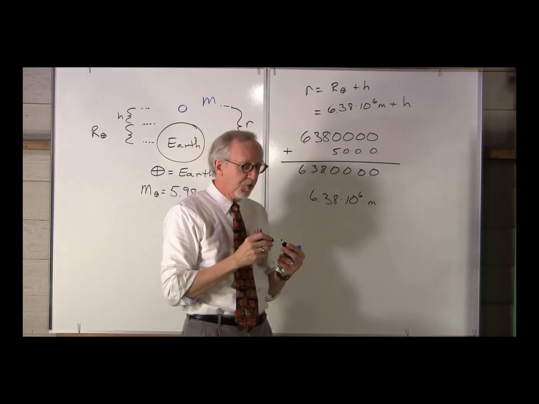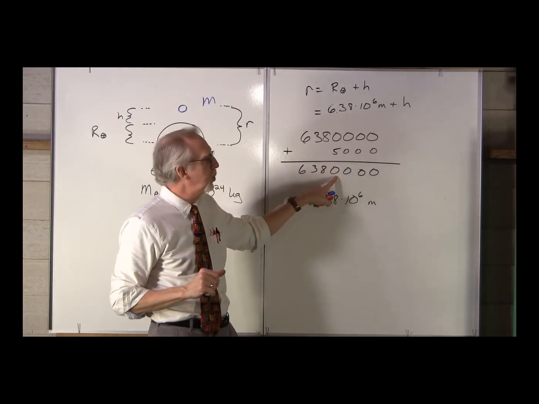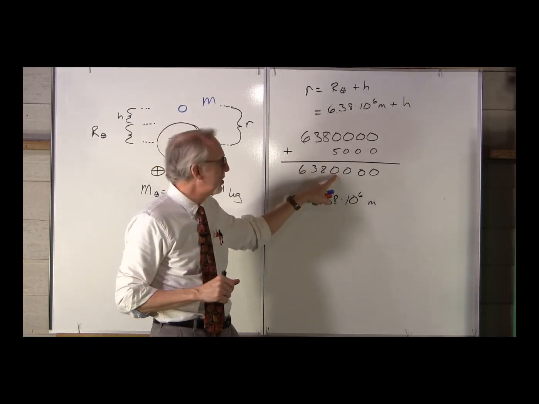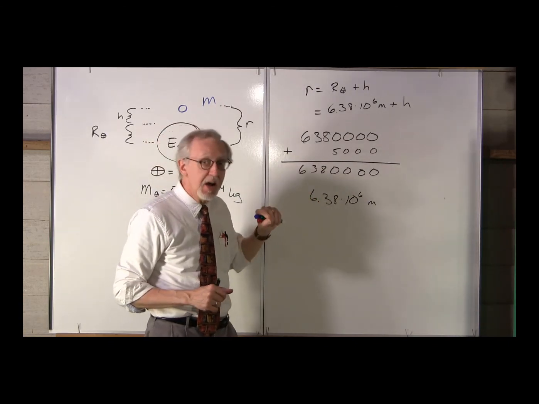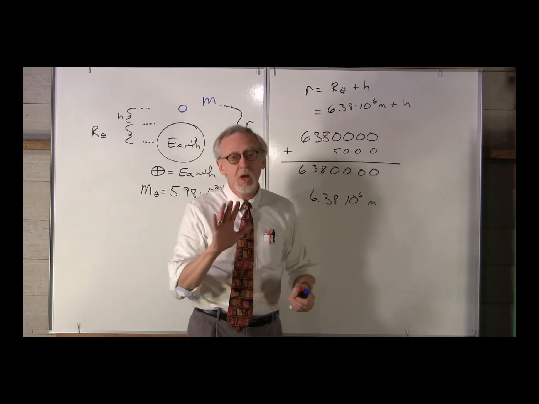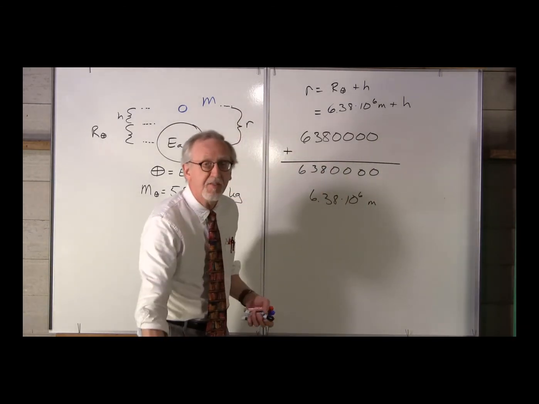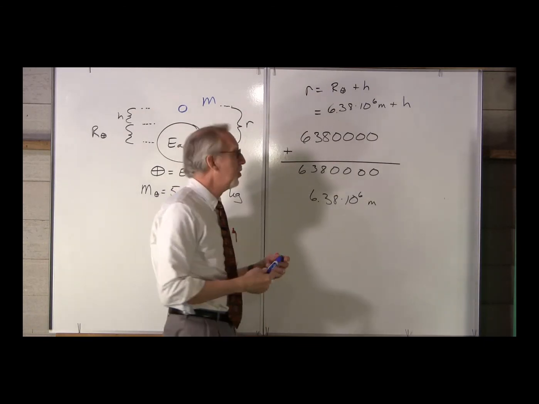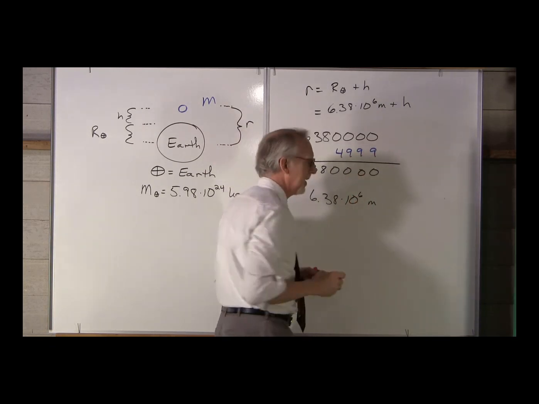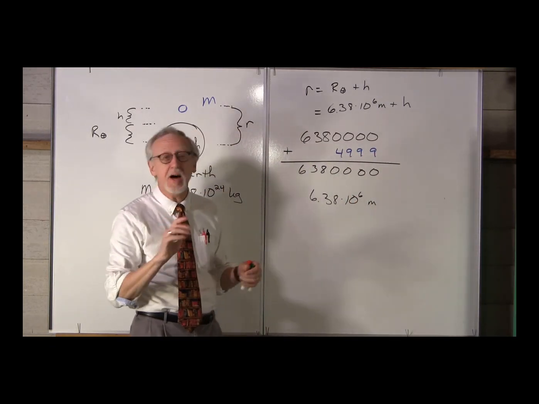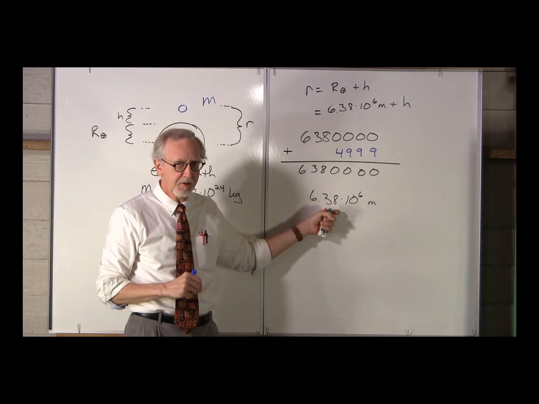What if we were to put 5,000 meters? In that case, we might make an argument that although we don't know what that digit is, we do know it's a 5 or larger, so we might round that up to 6.39 times 10 to the 6th. The bottom line is that we could actually have a value for h all the way up to 4,999 and still not change the way we would write this value to 3 significant figures.